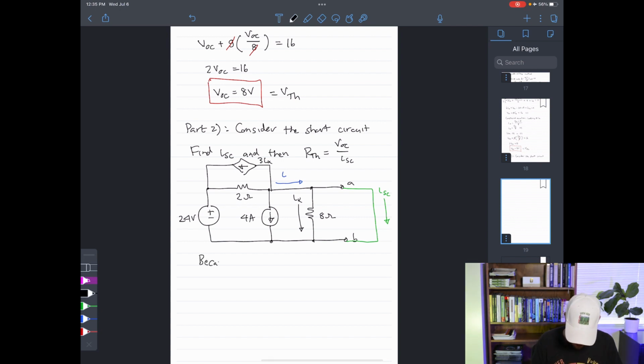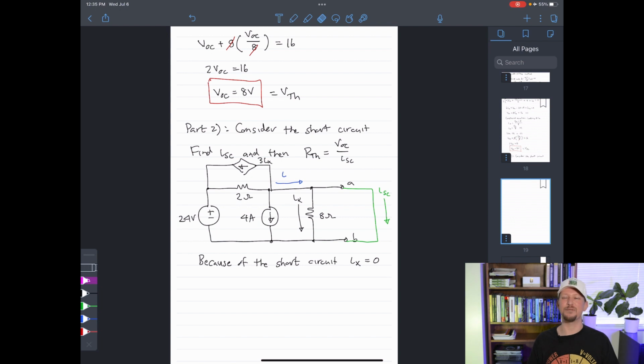That means because of the short circuit, Ix is 0, right? That means also that 3Ix provided by the dependent source is 0 as well.